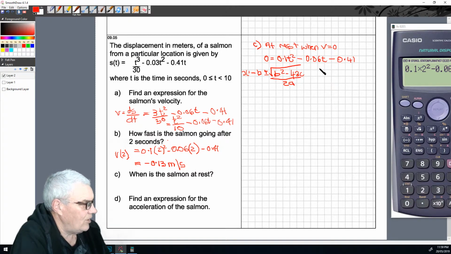Now in this case here, a equals 0.1, b equals negative 0.06, and c equals negative 0.41.